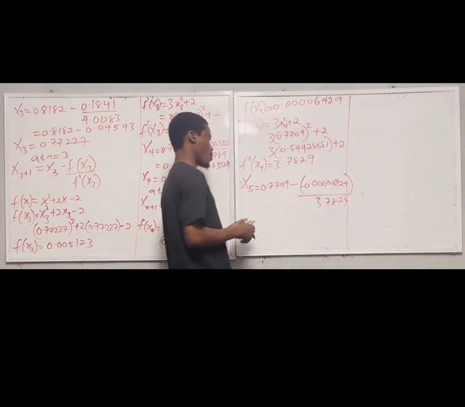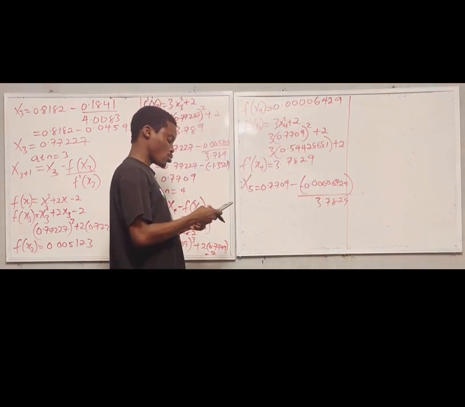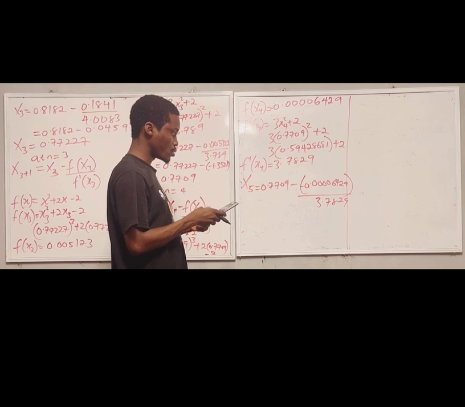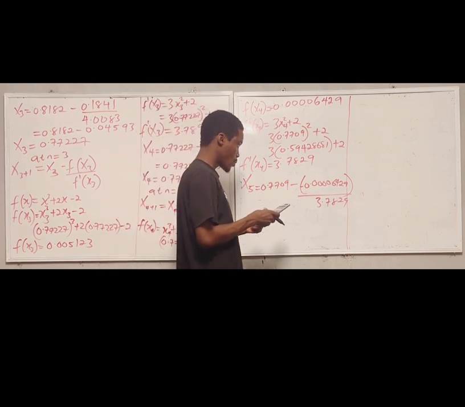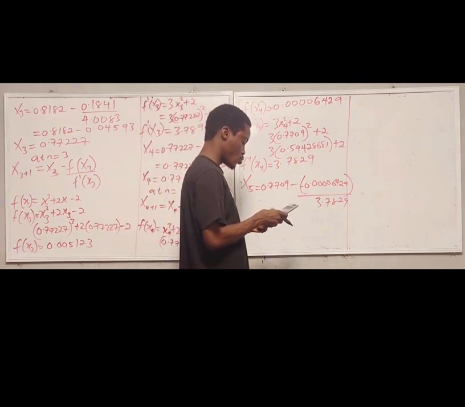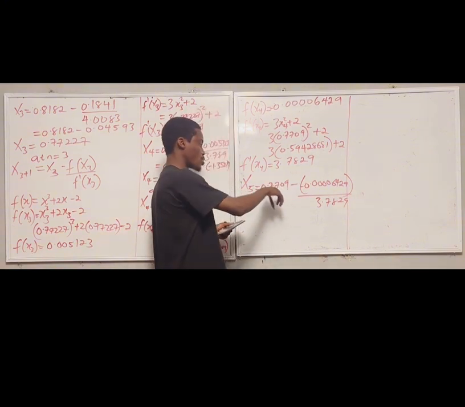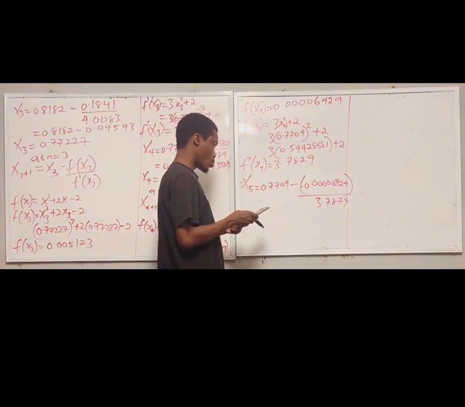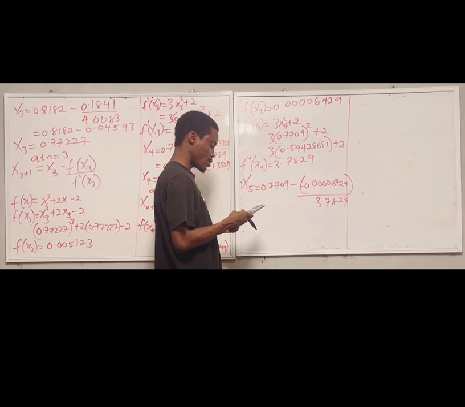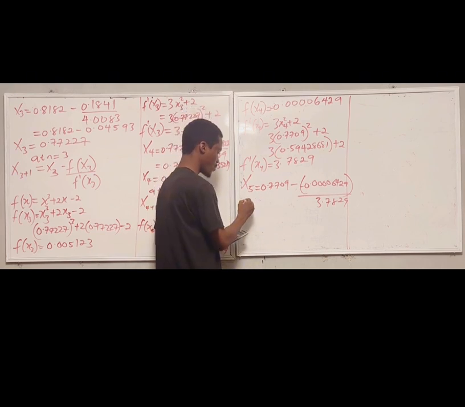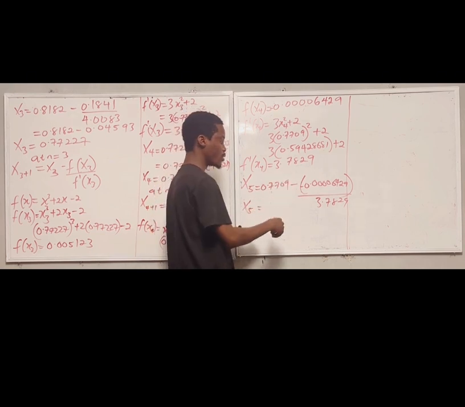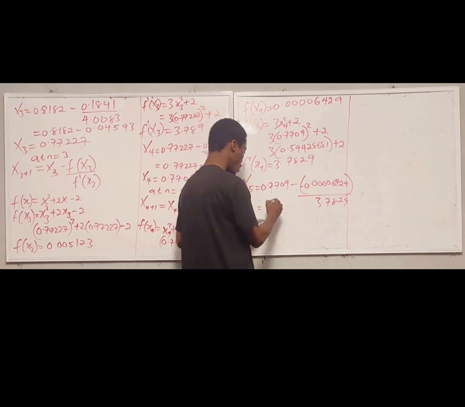If I divide this by this, I'm going to have 0.00006429 divided by 3.7829. This is minus, and minus and minus is plus. Adding it to 0.7709, I have my x5.